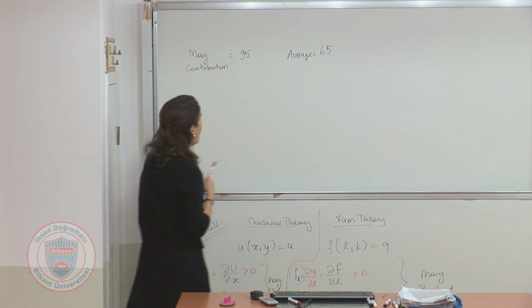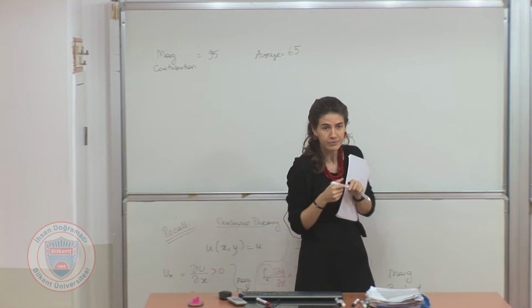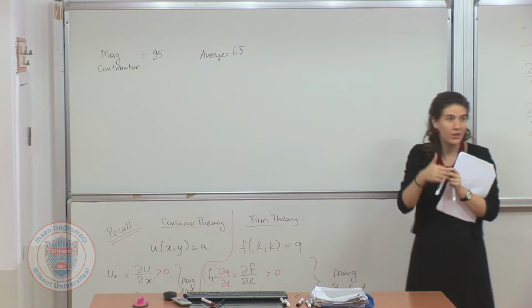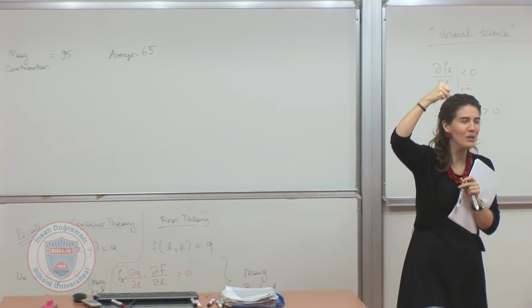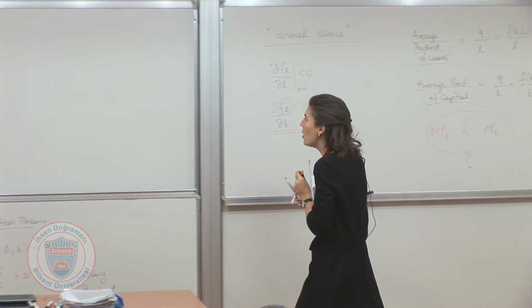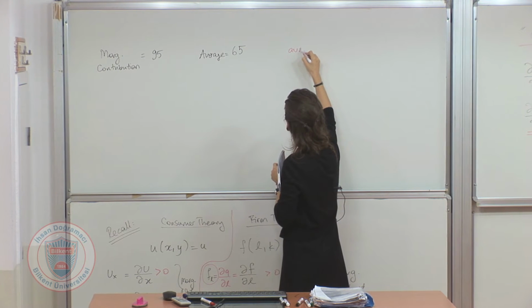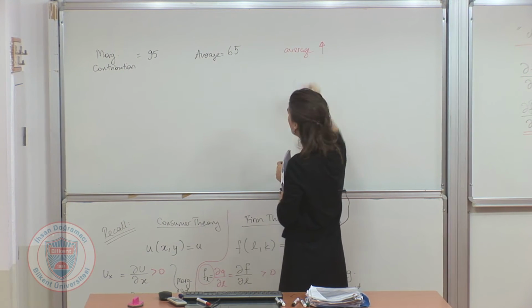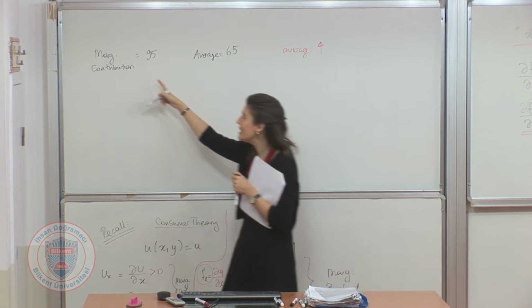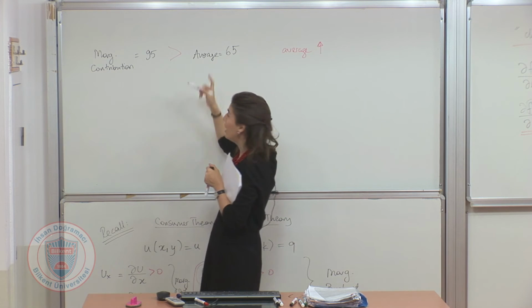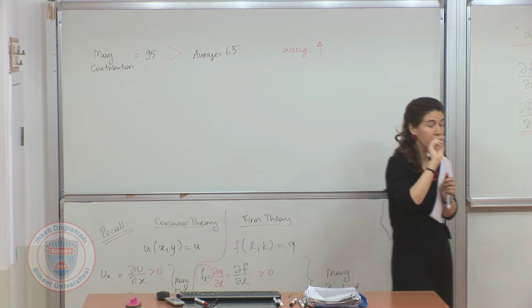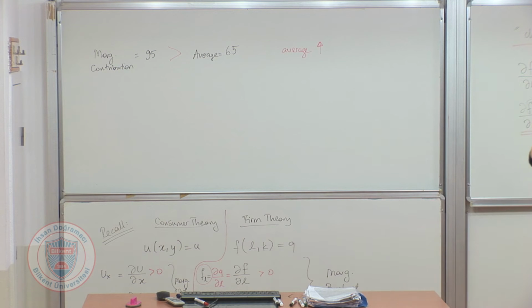So what's going to happen to the average? It's going to increase, right? He's going to pull up the mean. So as you guys said, the average will increase, okay? So you see that when marginal is above the average, the average is increasing, okay?